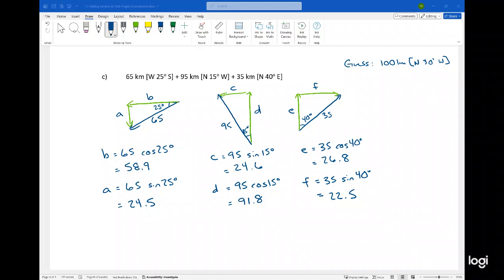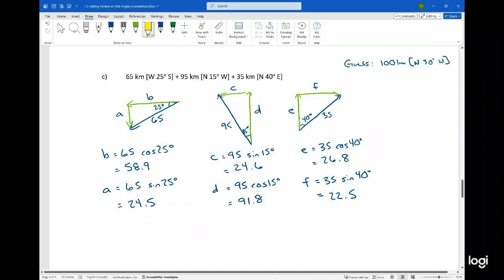All right, now the thing we have to do is figure out whether overall we're going east or west and north or south. So from our guess, it looked like we were going west, but now that I'm looking at it, we're going that much west, and that much east. Yeah, I still think we're going a little bit west. But either way, if I take a look at those, I'm assuming we're going west by doing B plus C. Those are both westerly ones.